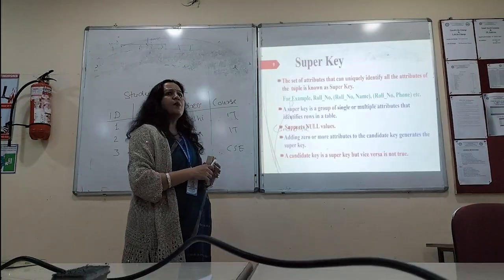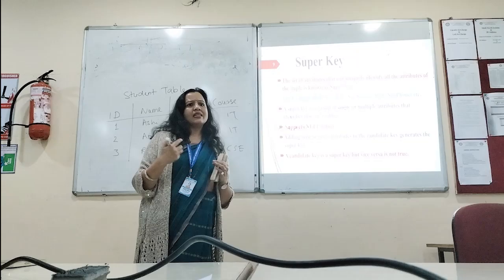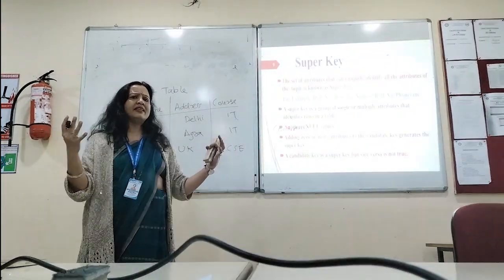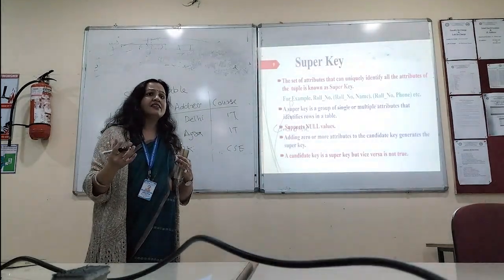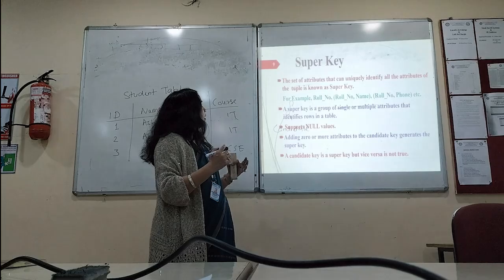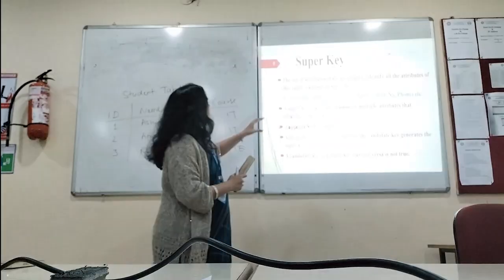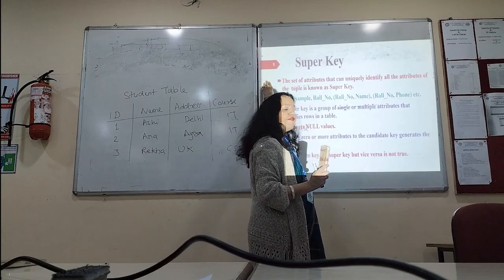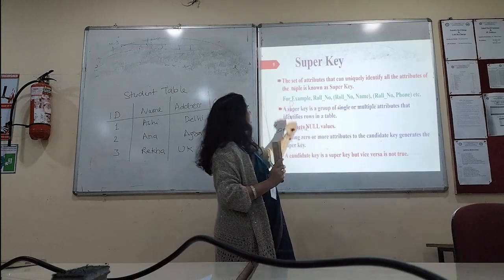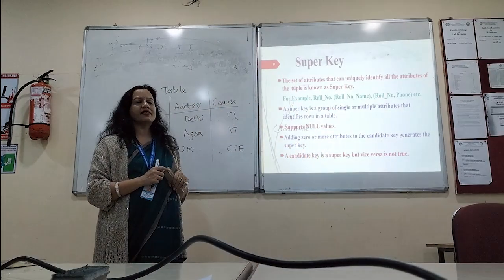Now next is super key. As you see, a supermarket consists of many things along with your needs, right? Similarly, in super keys, when a set of attributes can identify all attributes of a tuple, it is known as a super key.